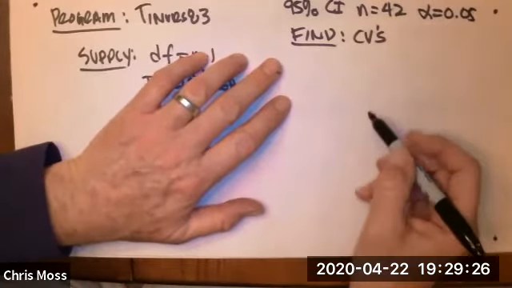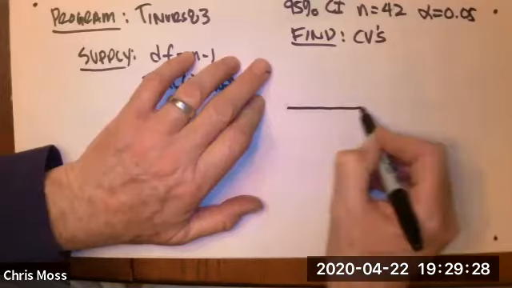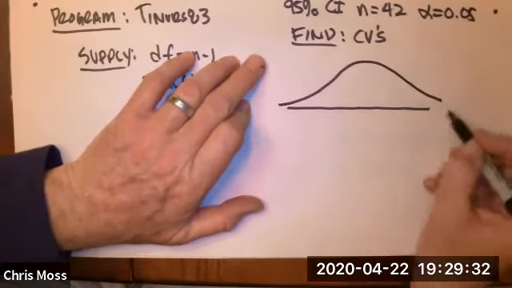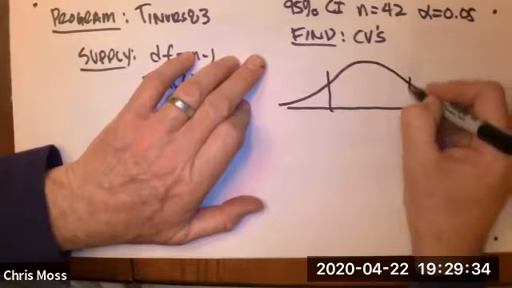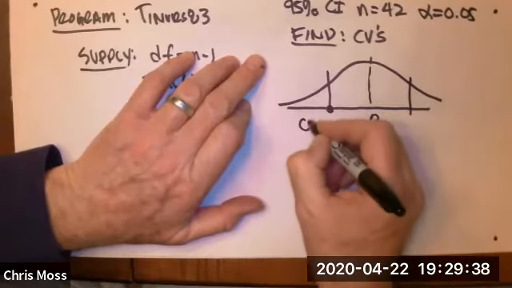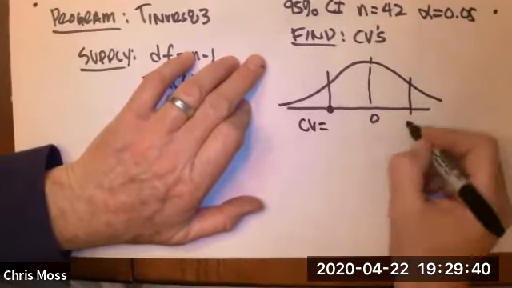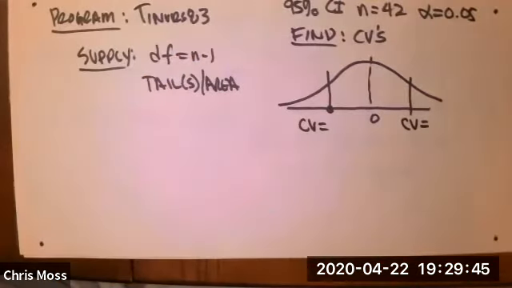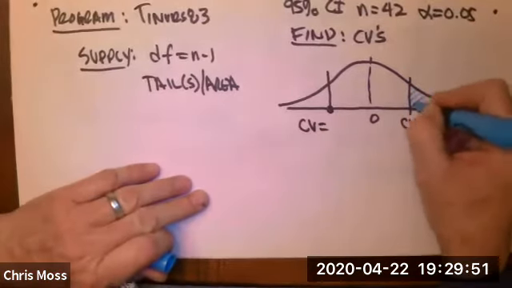So what I'm going to do is I'm going to draw now my distribution, then I'm going to reach for my calculator. So the distribution goes up and then down. Zero's right there in the middle. I'll have a critical value on the right, one on the left as well. Remember, the area I am after is this area right here.